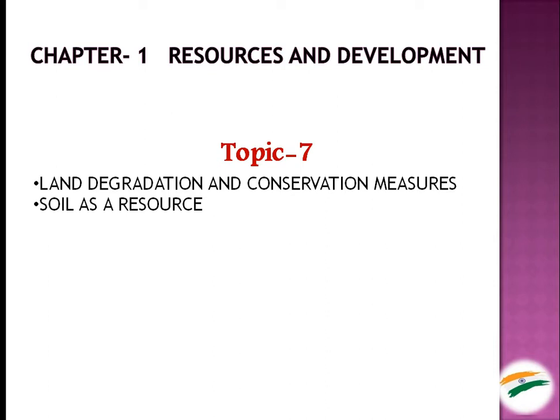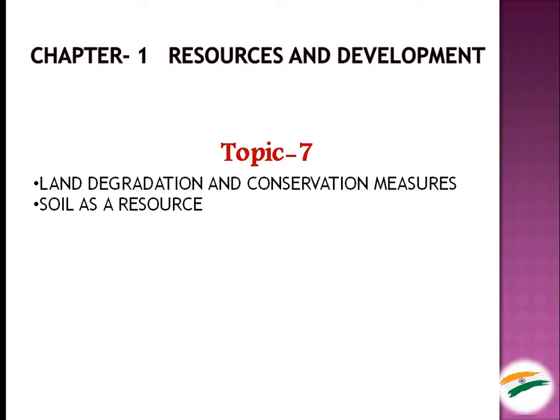Dear cadet, in this chapter, we had seen what is the meaning of resource, what are the types of resource, and the interdependent relationship between humans, who use technology and access the different physical environment, that means nature, and convert it into a valuable resource. Classification of resource, different types of resources.